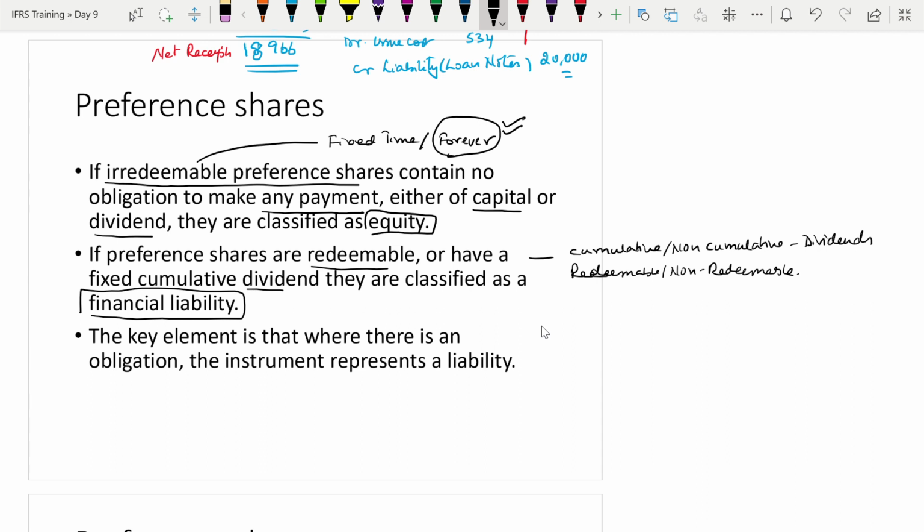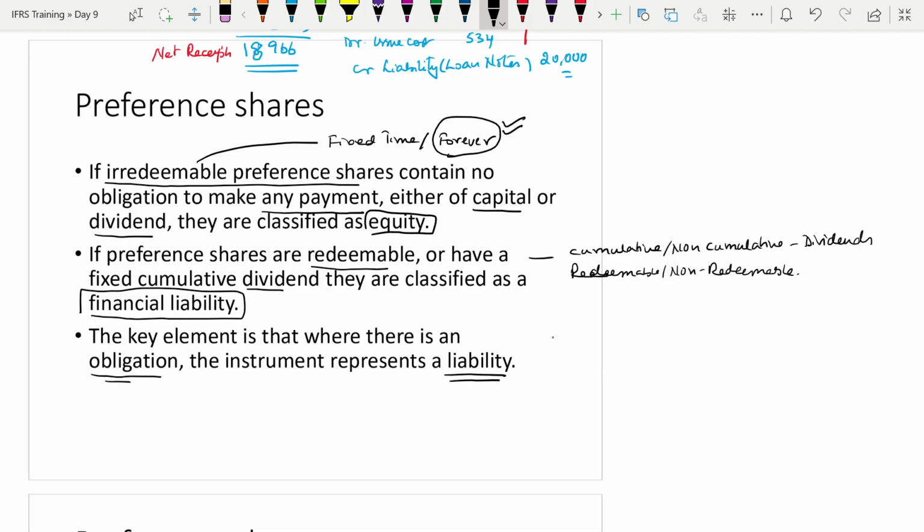The key element is that where there is an obligation, the instrument will represent a liability. Where there is no obligation, as with equity shares, once they are sold, they are sold.